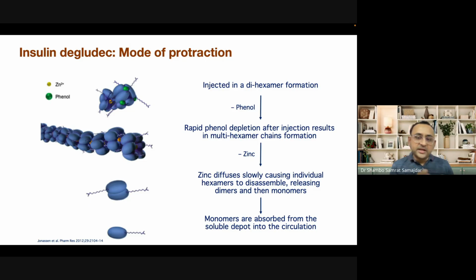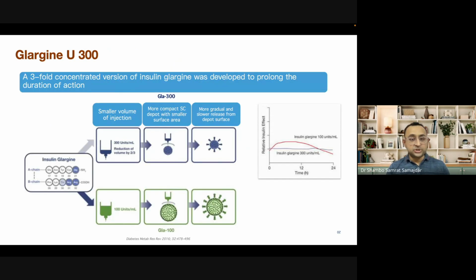Now the zinc will diffuse slowly, causing individual hexamers to disassemble, and after disassembling, they will release the dimers and monomers. Now the monomers will be absorbed from the soluble depot into the circulation. By this mechanism, degludec will have a long action.